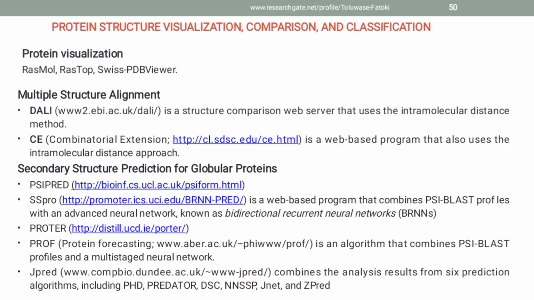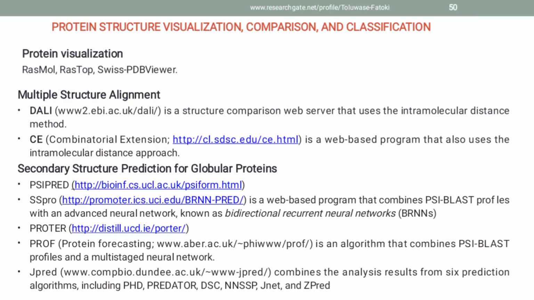Then for us to determine secondary structure prediction in a globular protein, you can use PSIPRED, SSpro, PROTEUS, PROF, or JPred. That is for the globular protein. There are also other tools that you can use to determine transmembrane proteins. Those ones have to consider the topology of the membrane in which those particular proteins are embedded.